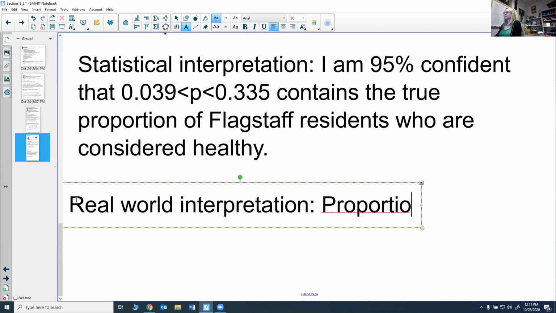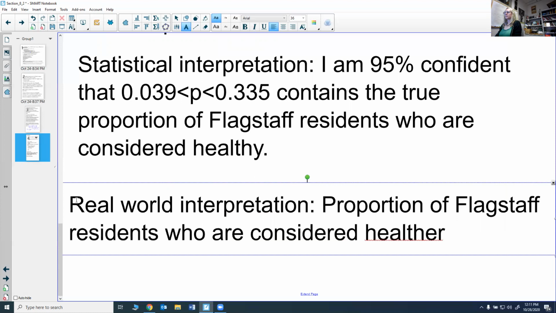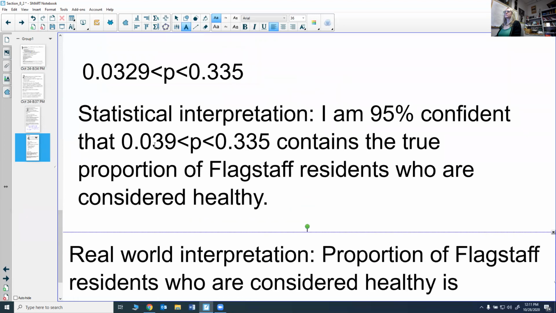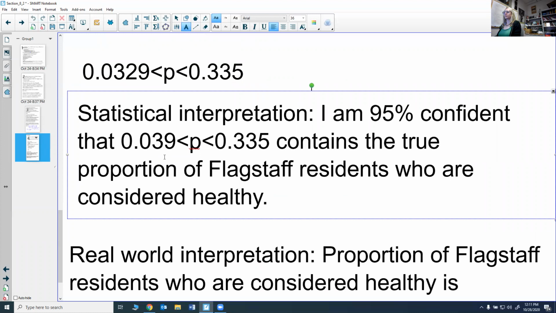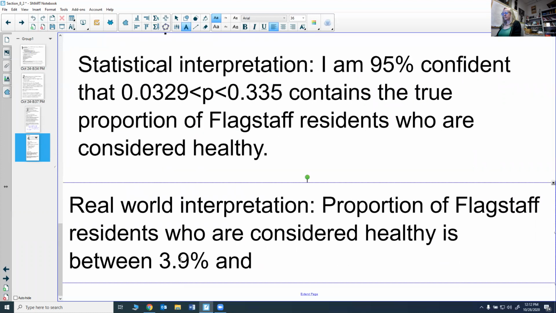The proportion of Flagstaff residents who are considered healthy is between 3.29% and 3.35%.